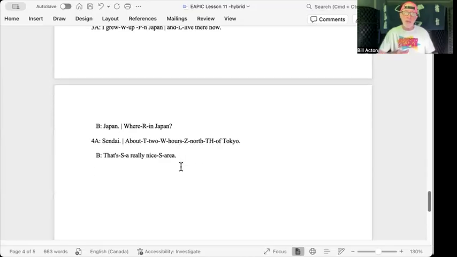And Sendai, about 2 hours, 2 hours north of Tokyo, north of Tokyo.